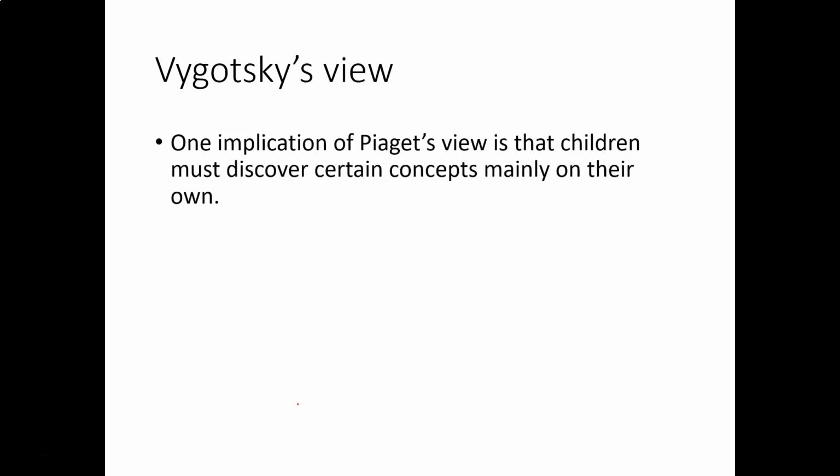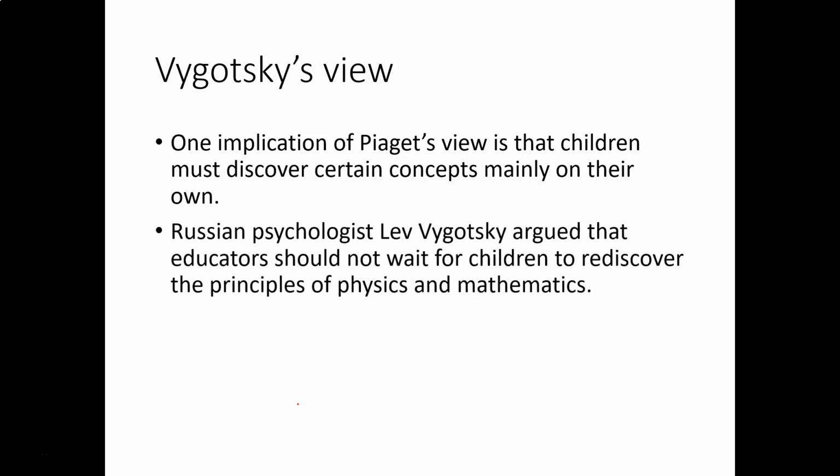And so Vygotsky argued that kiddos can be taught things that are beyond their abilities with some help, and that they shouldn't wait to learn on their own, that educators should guide and help children to learn principles of things that might be challenging for their particular age.